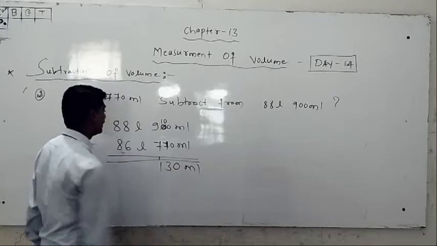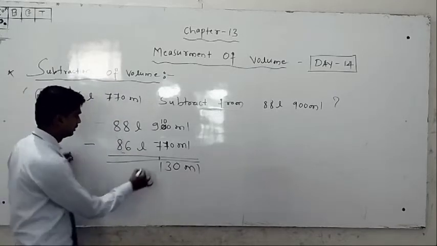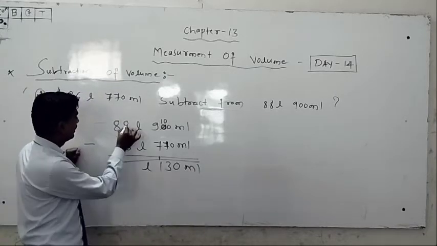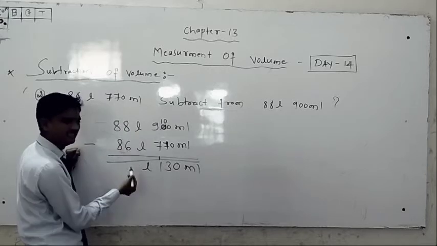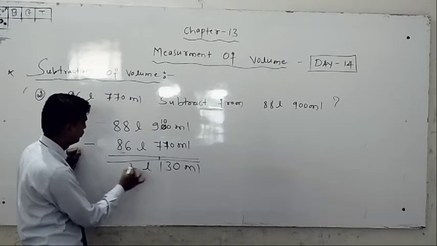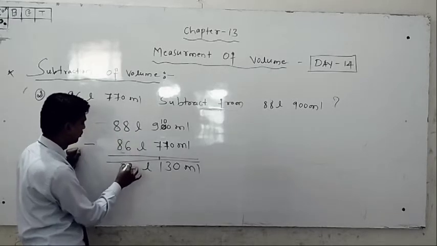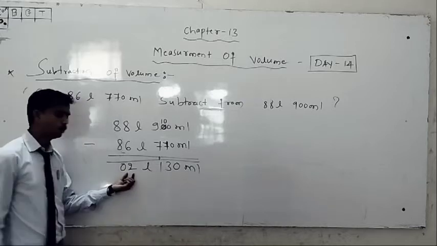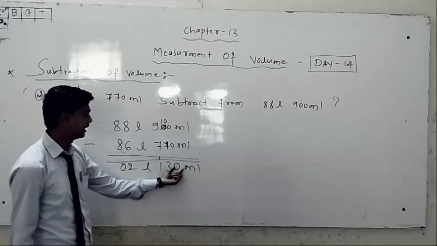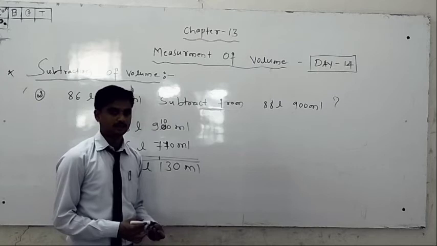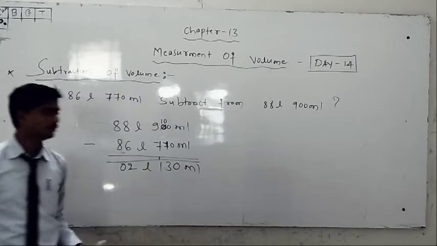Then 130 milliliters, and it is liter. 8 minus 6 is 2. 8 minus 8 is 0. Then the answer is 2 liter 130 milliliters. Okay, write down that one.